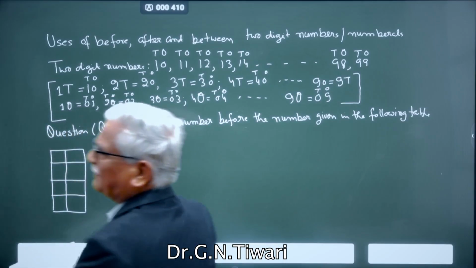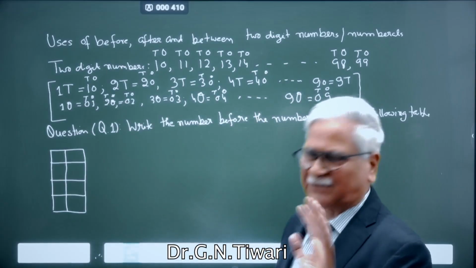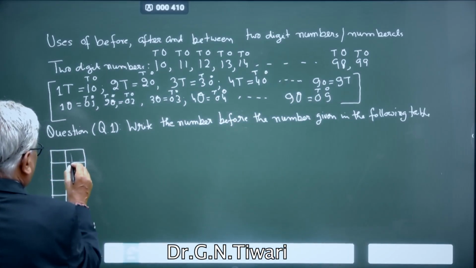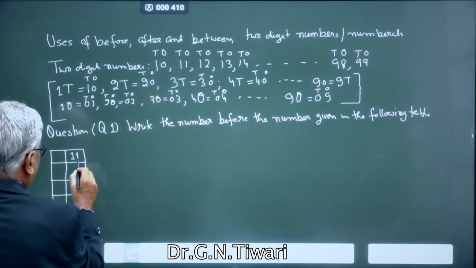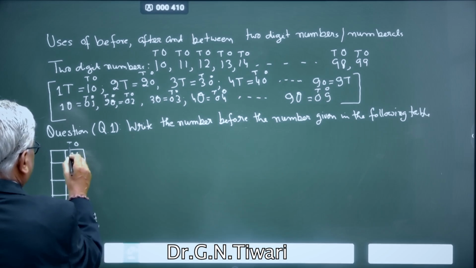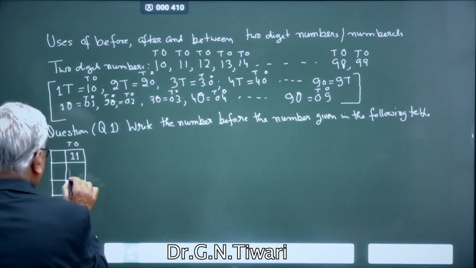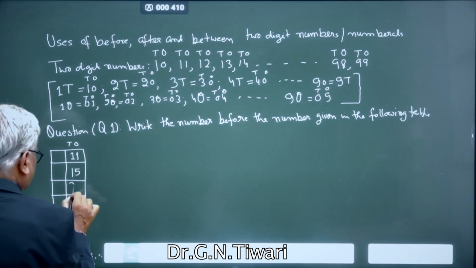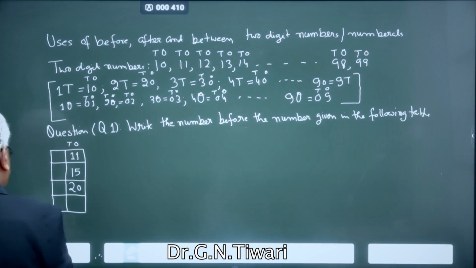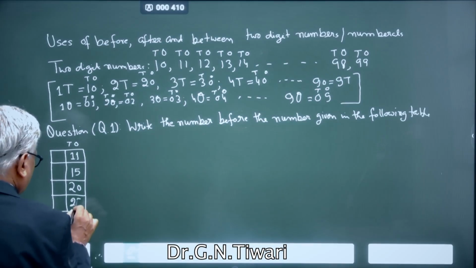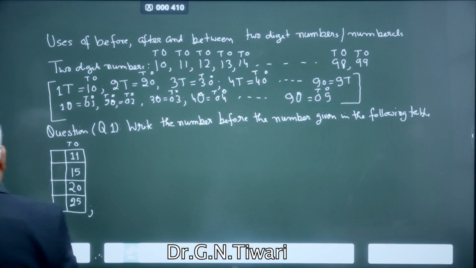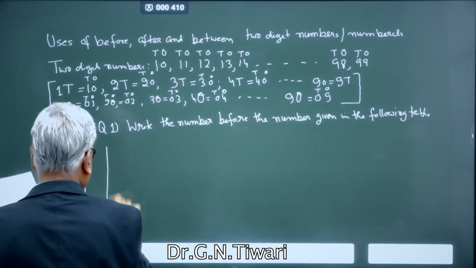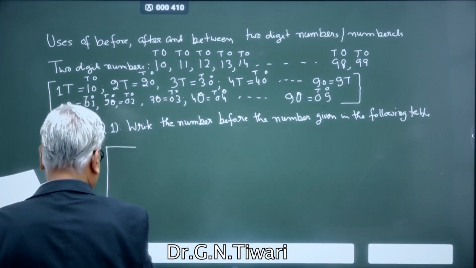You can make 5, 6 as you want, but generally 4 is sufficient to understand this problem. So here I am putting 11 OT, then 15, then 20, then 25. This is one table. Then here I am making another.